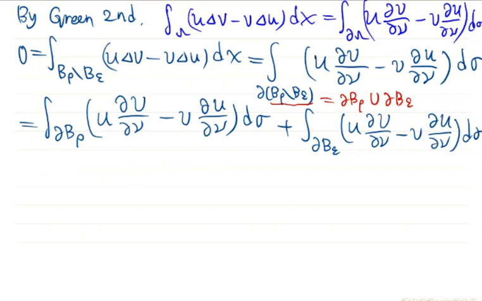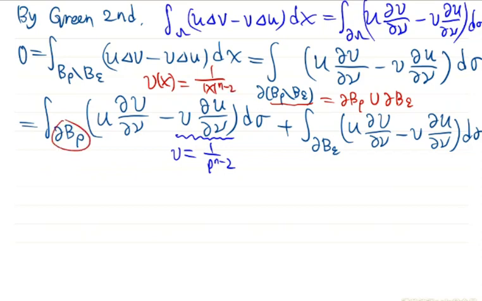Now we consider this term. The v here is 1 over rho^(n-2), because remember our v(x) is 1 over the norm of x to the power n minus 2.